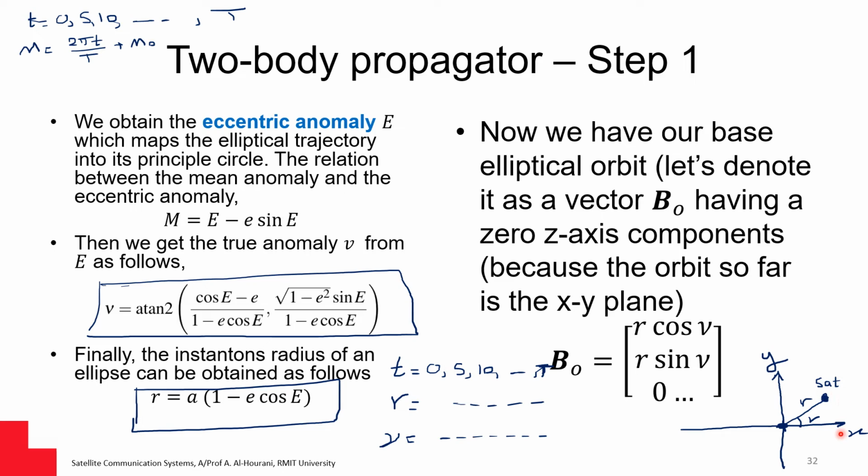Basically x is simply r multiplied by cosine nu, and the y value is r multiplied by sine nu. Now, the orbital plane, this base plane we're generating, is still in the xy plane, so that's why all the z's are 0. We will see in the upcoming slides how we will rotate this base orbit in 3 dimensions.